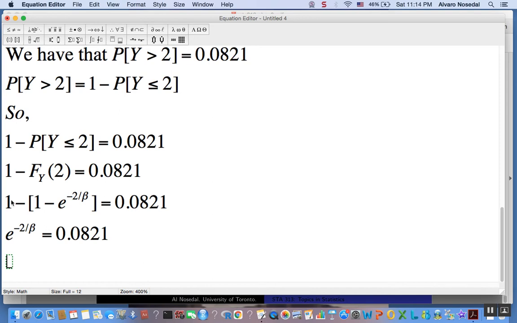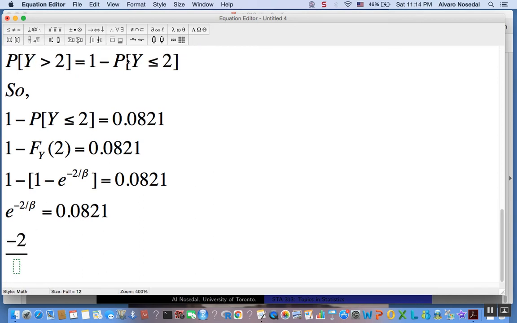So we have negative 2 divided by beta equal to the natural log of 0.0821.